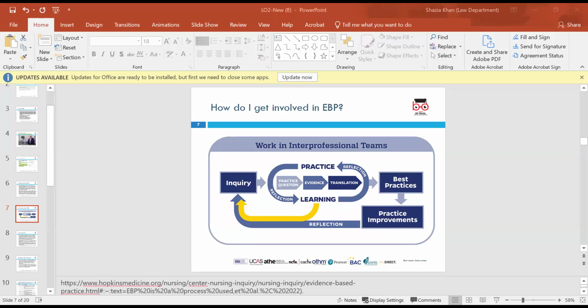So you need evidence. Why do you think it's important to have evidence to prove something? Why do you think you need to go through the steps of finding evidence, critical appraisal, evaluation, getting in touch with patients? Why is it so important? Would it be easy just to get this information like that? Boma?